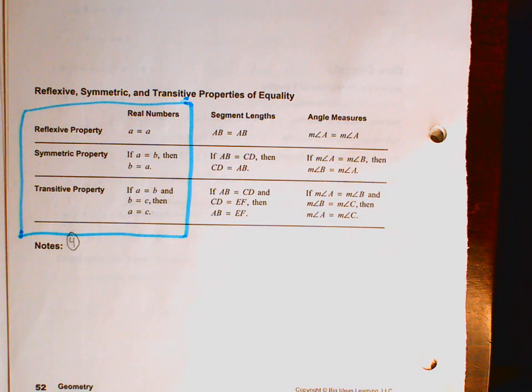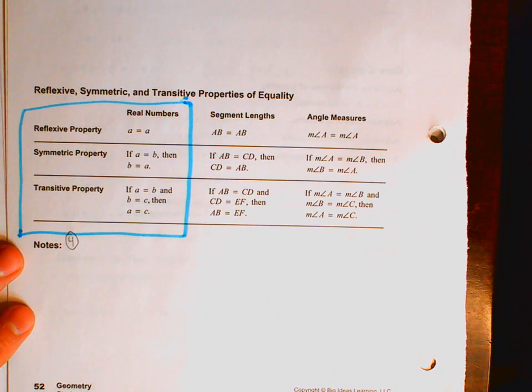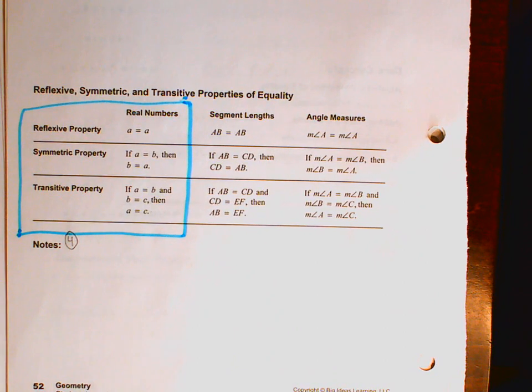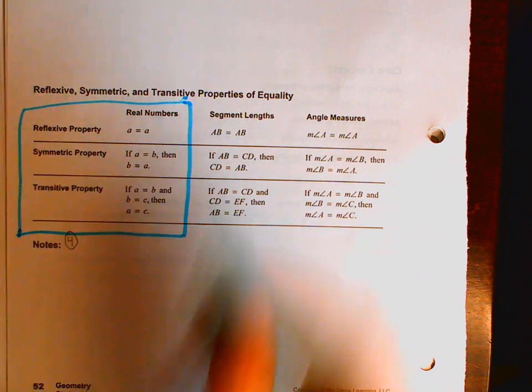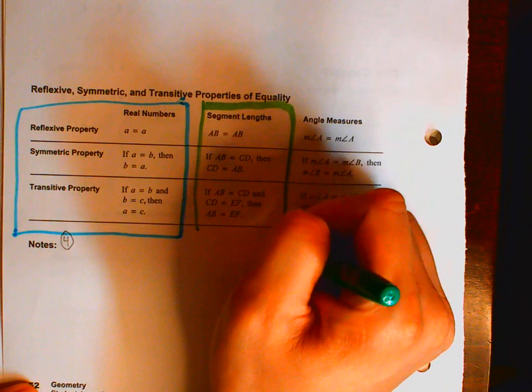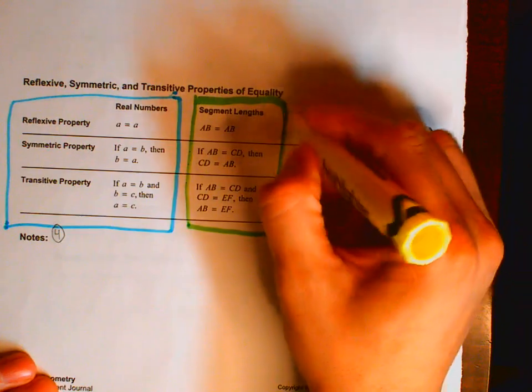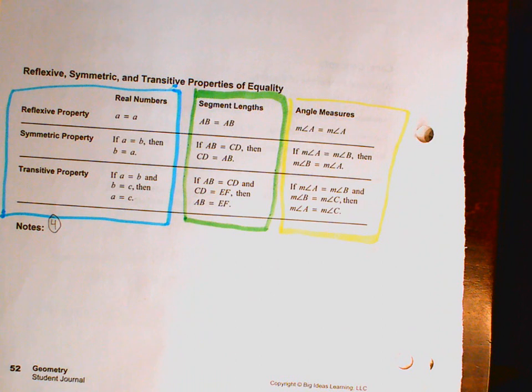Segment length and angle measurements are also real numbers, but they're specific to segment length and angle measurements. So for example, here are the ones for segment length. And here are the ones for angle measures. I don't know if you can see yellow.